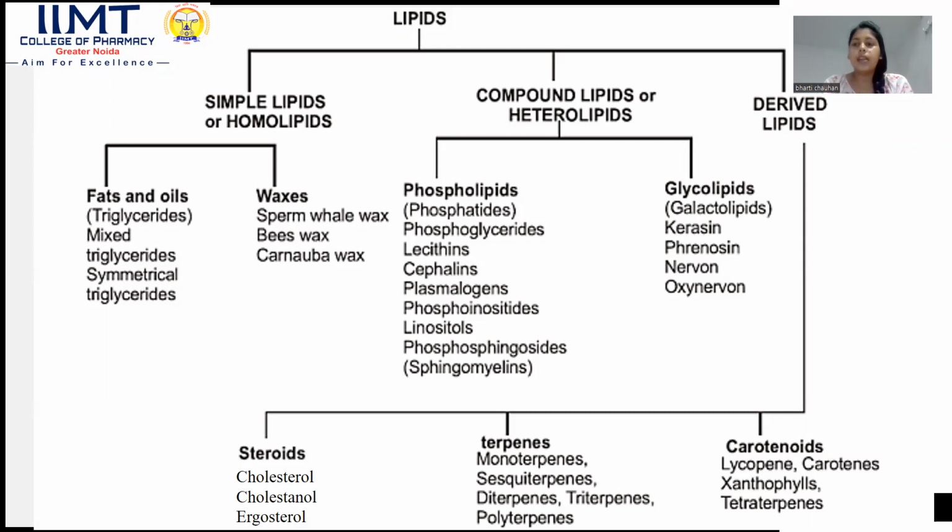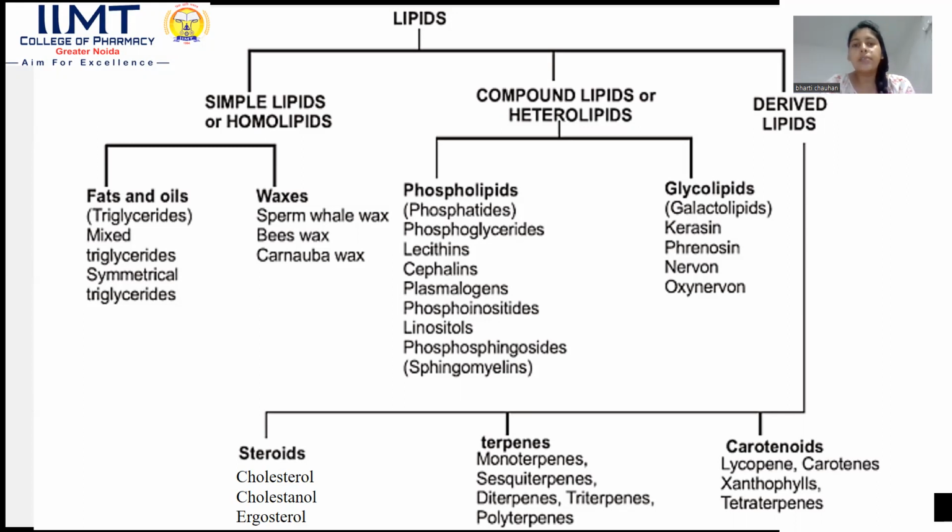So next is compound lipids. Compound lipids are esters of fatty acid containing groups in addition to alcohol and fatty acids in its structure. So first subclass is phospholipid.